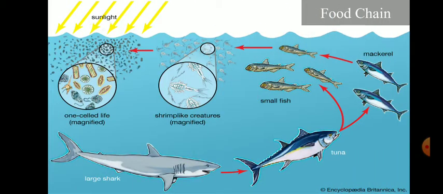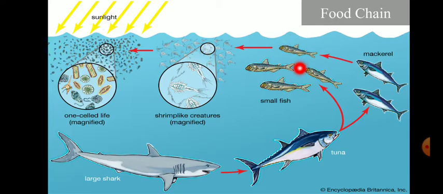Now, this is another example of a food chain. You have, for example, a large shark, tuna, and the mackerel here. The large shark eats the tuna fish. The tuna fish eats these fish here, and these fish here eat these other fish.